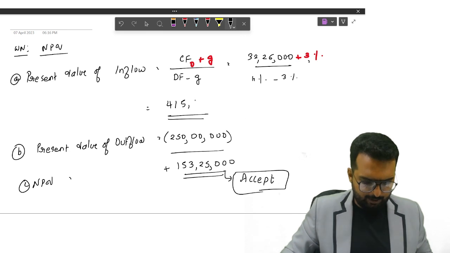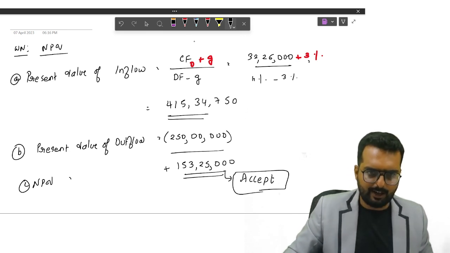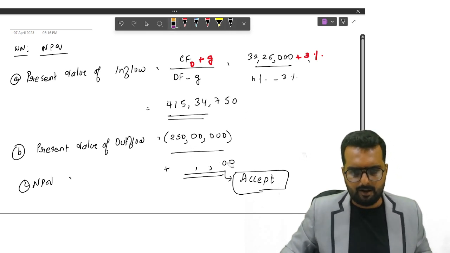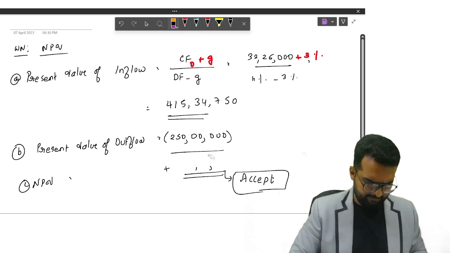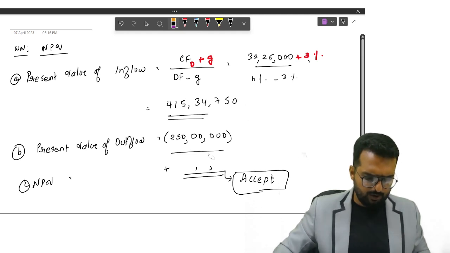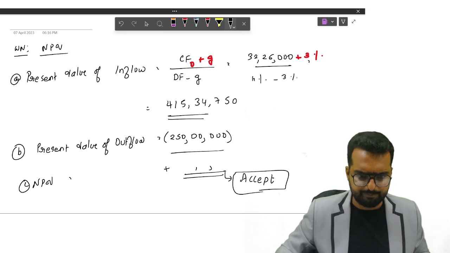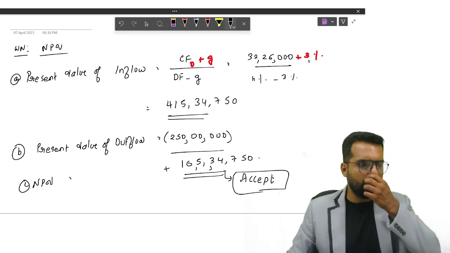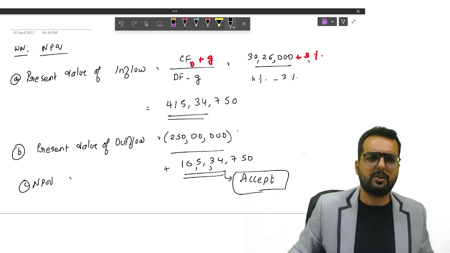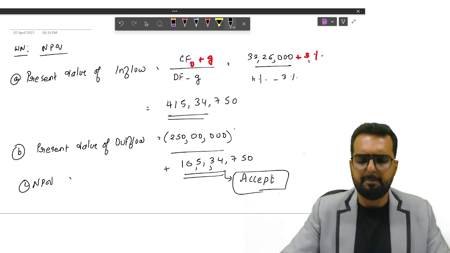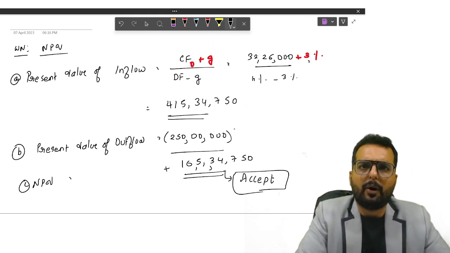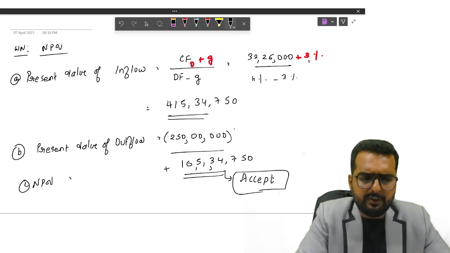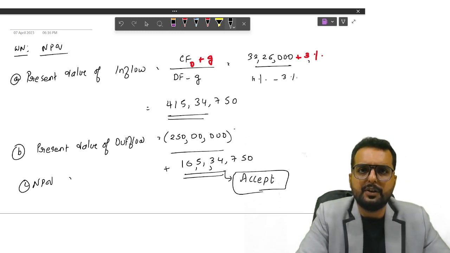The number will be 415,34,750. And your NPV will be slightly different. You get the NPV as 165,34,750. Alright. And you are supposed to accept the project. Are you all clear with this point, friends? If you are clear with this, we are done with this question also.